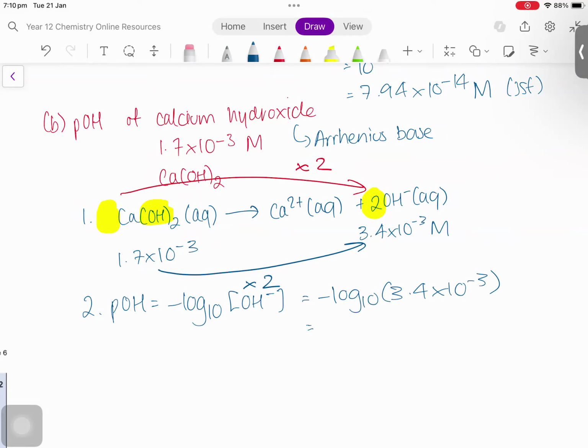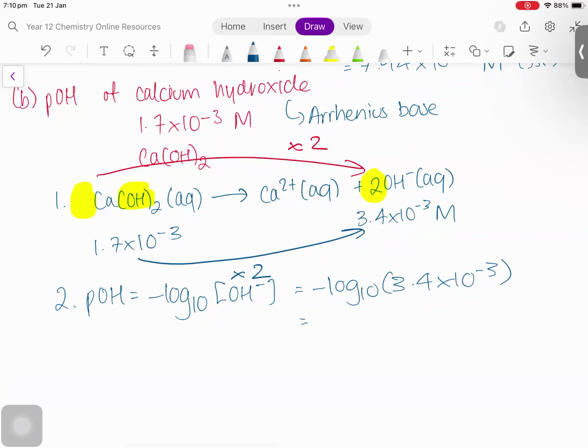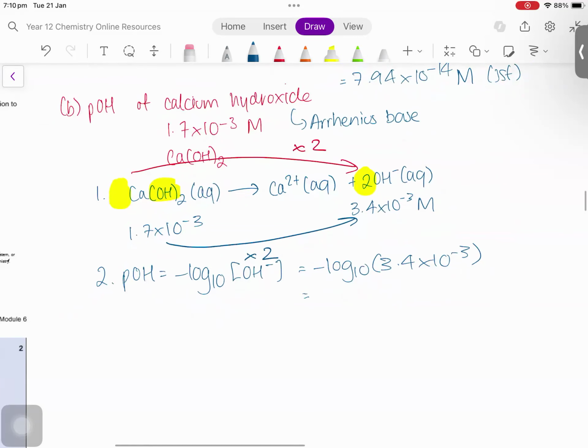What do you get for pOH? When you pop this in the calculator. 2.5, thanks, Celine. 2.5, that's to 2 sig figs, yes.